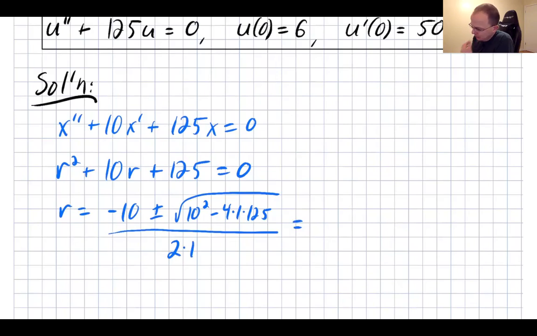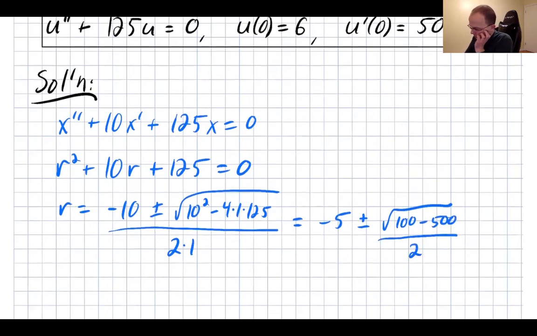Okay, so that'll be 100 minus 500. So minus 5 plus or minus the square root of 100 minus 500, divided by 2.